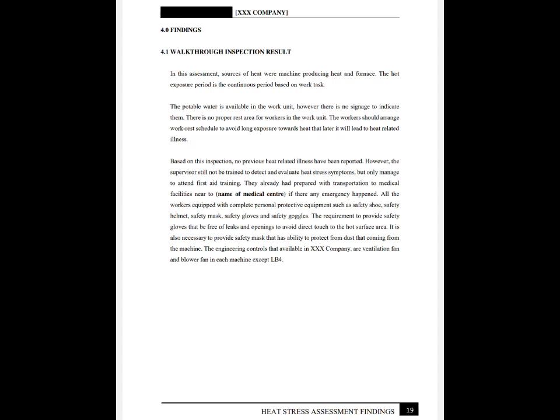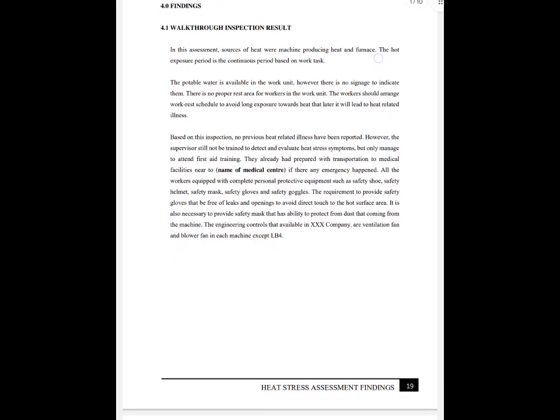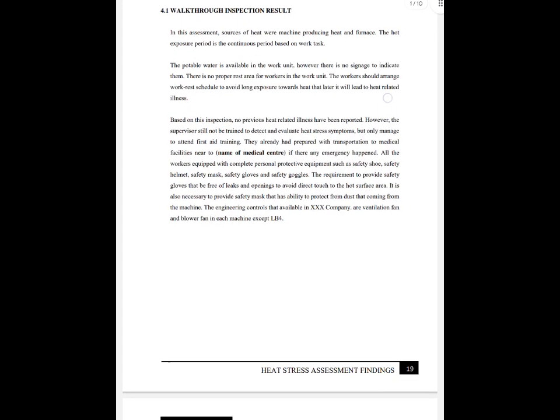In this walkthrough inspection result, they mention the source of the heat, the exposure periods, the existing control measures already in place, and then the training, for example here, supervisors are still not trained to detect and evaluate heat stress symptoms.